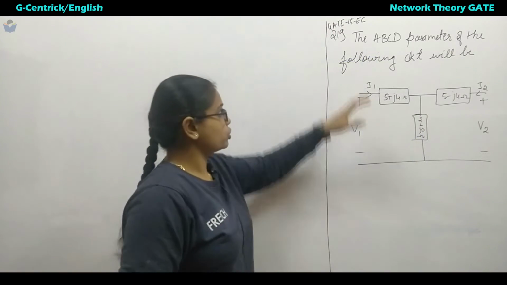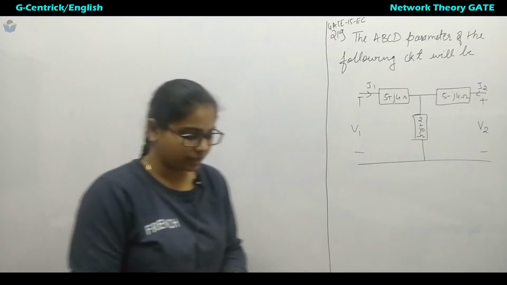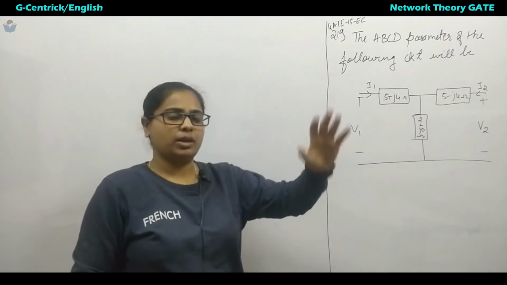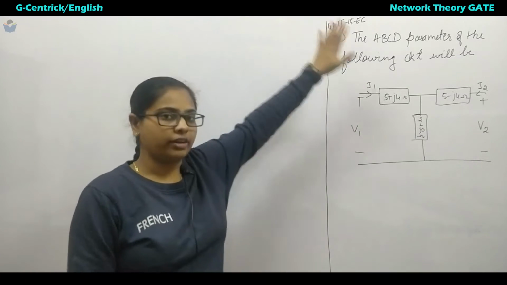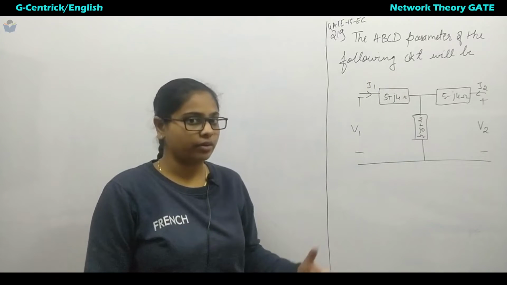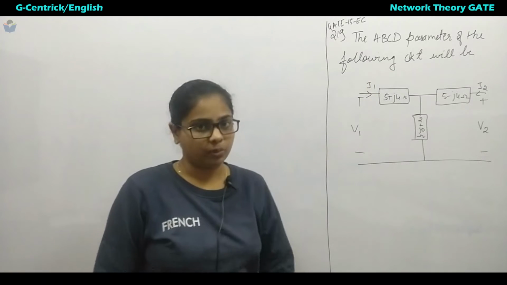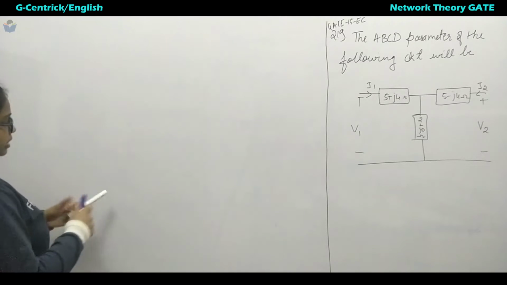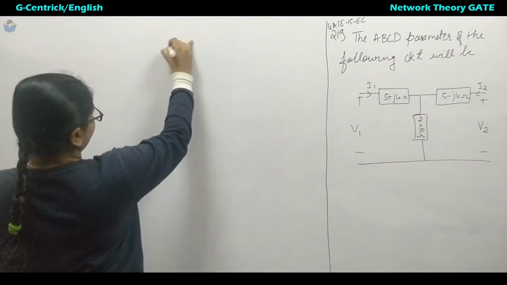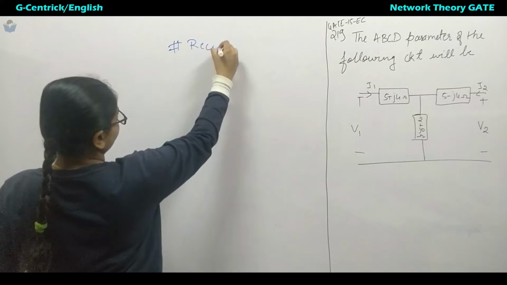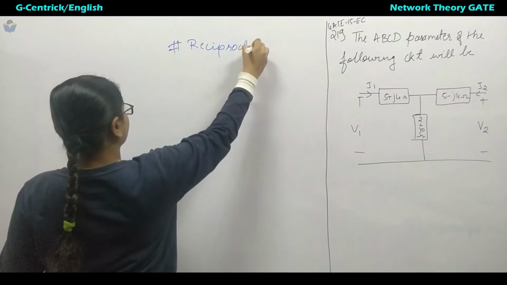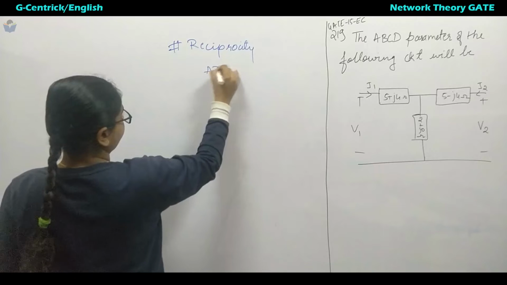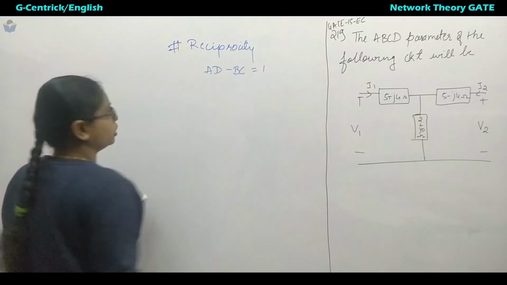We will come to this question. Before that, we have to see the synthesis diagram as well, but a synthesis diagram for ABCD parameters is not available, because it has different port parameters. But we do have symmetricity and reciprocity. For reciprocity you can write AD minus BC equal to 1.